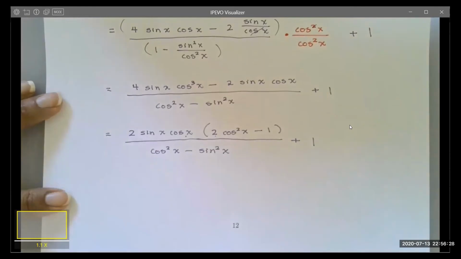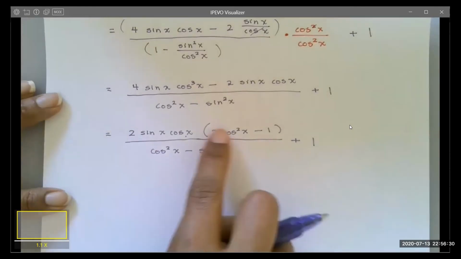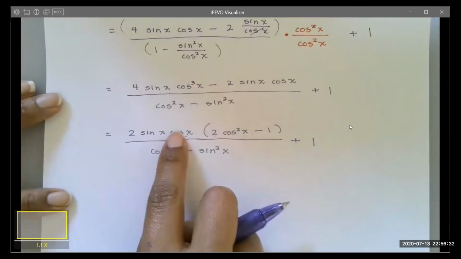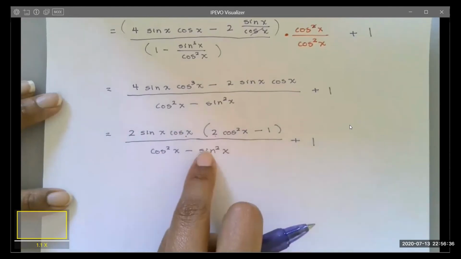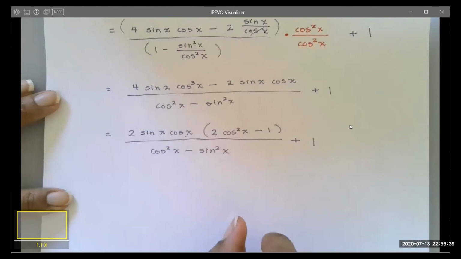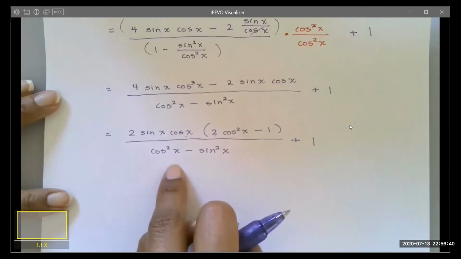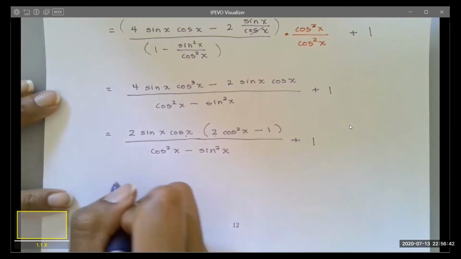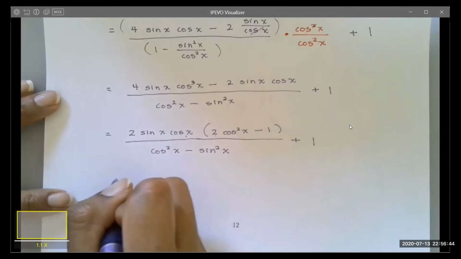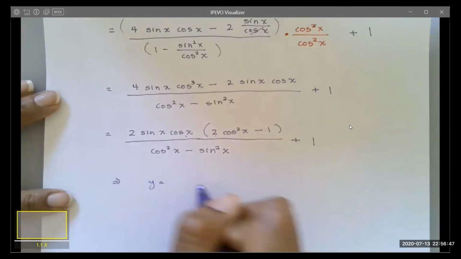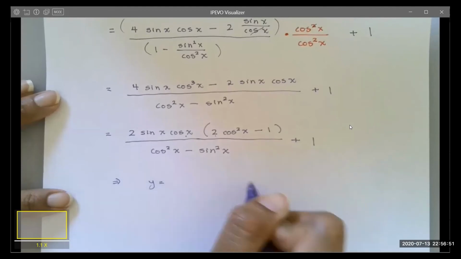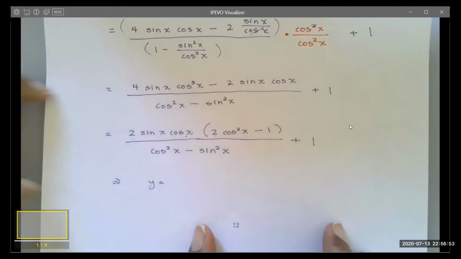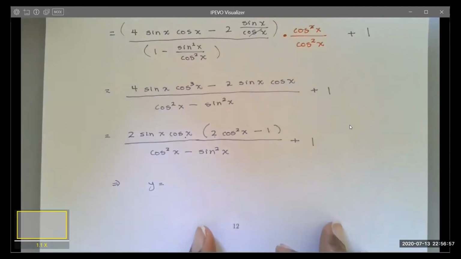Take a look at your formulas and identities and see if any of these 3 expressions can be replaced by a simpler form of the expression. Once you do, it should simplify nicely to something of the form y equals just a single trigonometric term plus 1. I'll let you guys work on that during the reflection assignment.